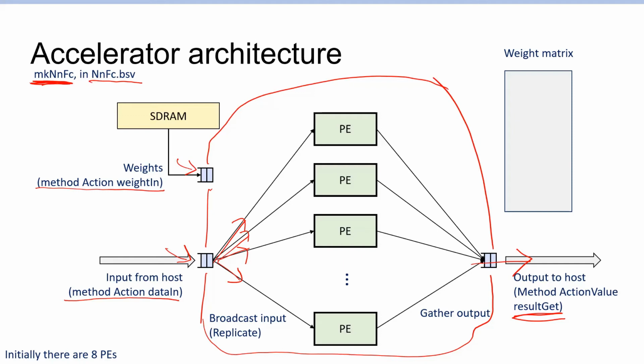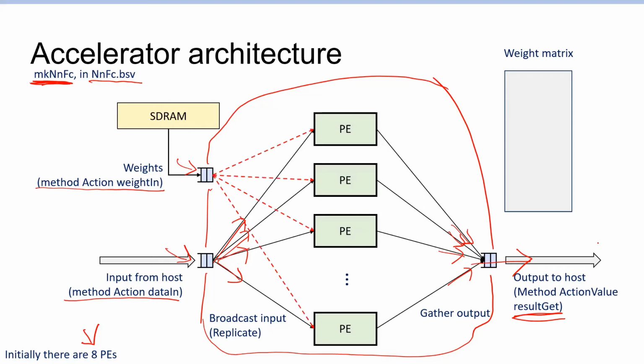So for every single piece of data that comes in, it is replicated 8 times because initially in the code there are 8 PEs. The input is replicated 8 times and broadcast to all the PEs. And once the computation is done, it is all gathered.